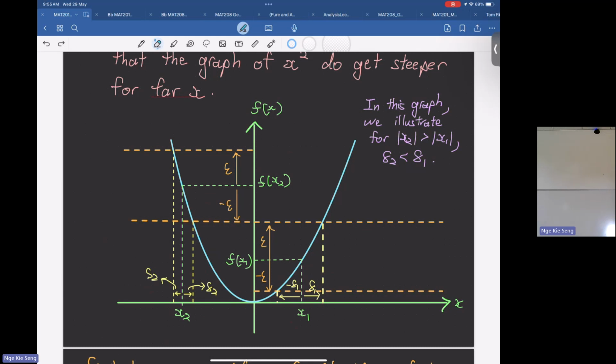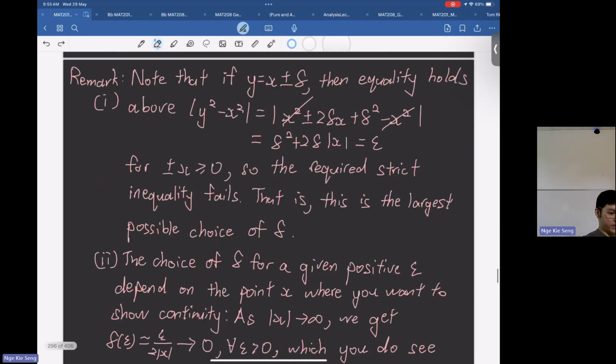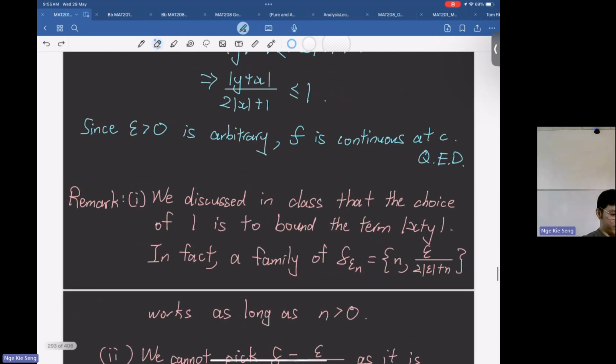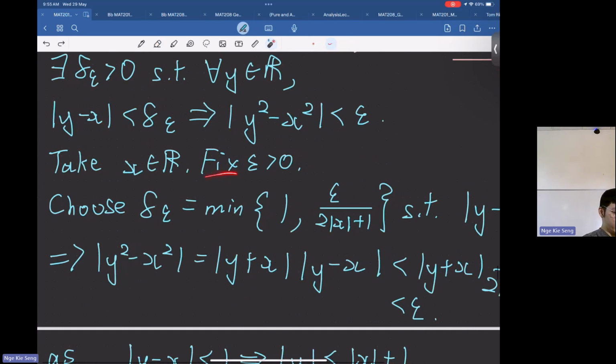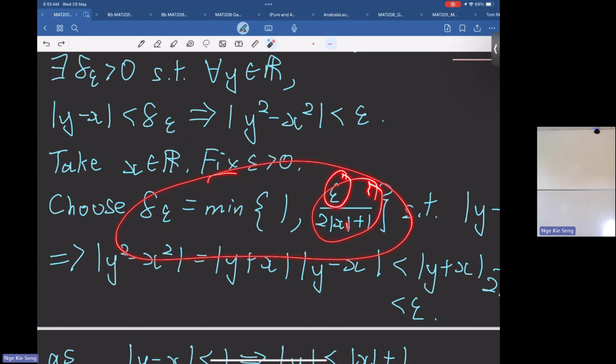Okay, this is the formula we gave. Here, you choose delta epsilon to be the minimum of 1 and this expression. You see this depends on epsilon and depends on x. So if it is uniform continuity, your formula of delta won't involve x.